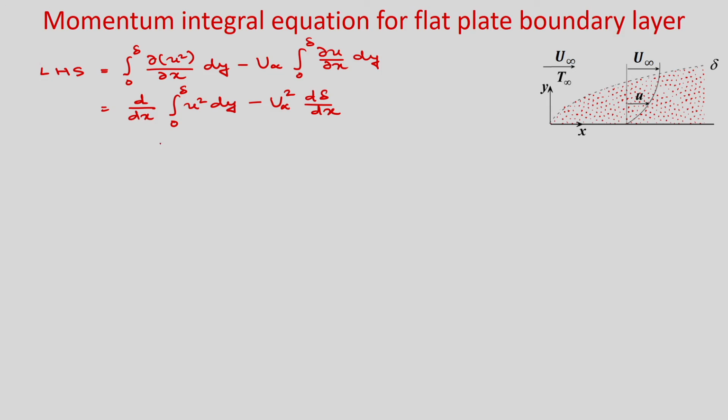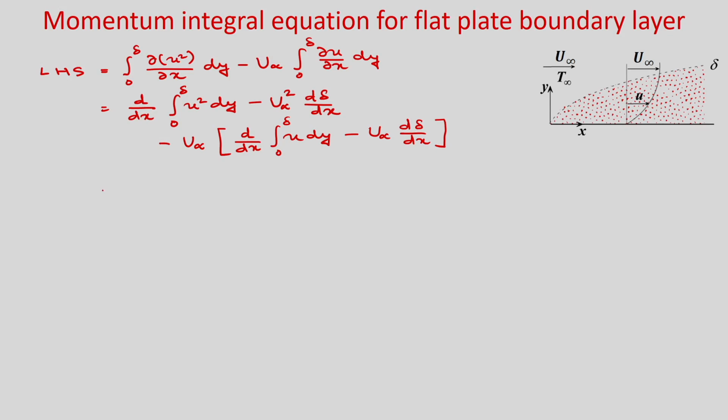It will be − u∞ d/dx ∫₀^δ u dy − u∞ dδ/dx. Okay. So, from the Leibniz integral rule, whatever partial differentiation we had inside the integral, we have written in terms of the ordinary derivative outside the integral. Okay. So, we have just put the terms in this expression.